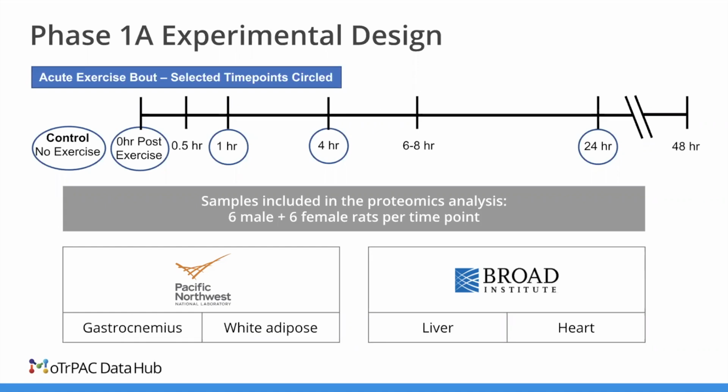The samples also included, for proteomics analysis, 6 male and 6 female rats per time point. The Pacific Northwest National Laboratory performed the mass spectrometry LC-MS methodologies for gastrocnemius and white adipose tissue. The Broad Institute performed the analysis with liver and heart.